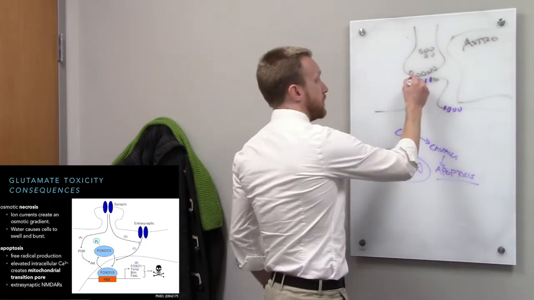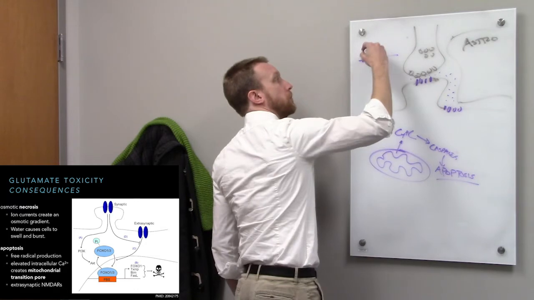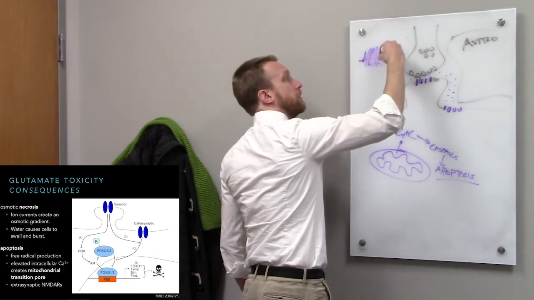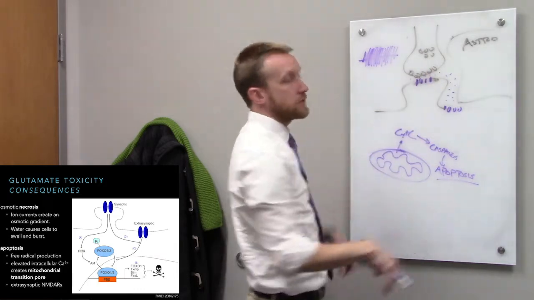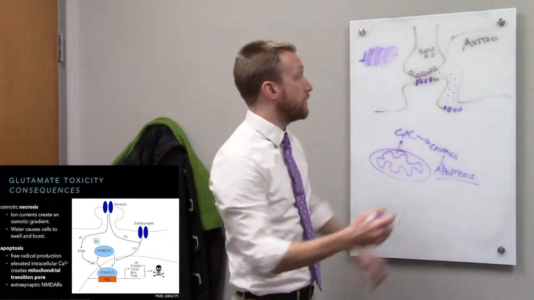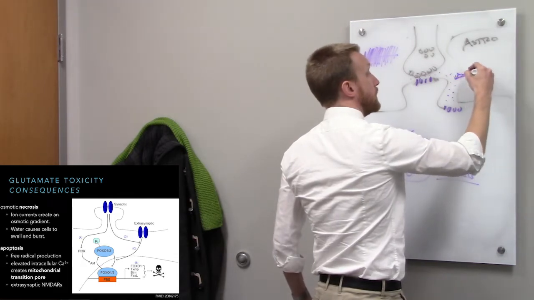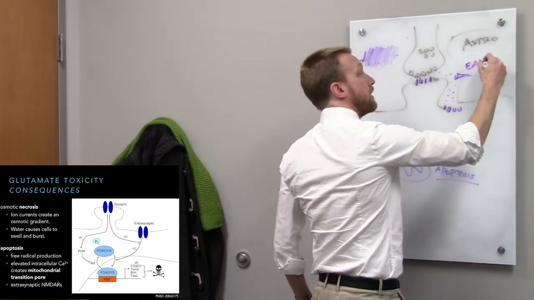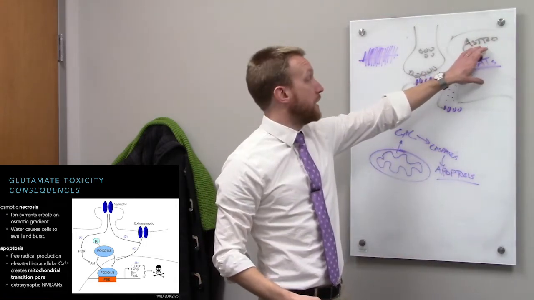If we have the leakage of glutamate away from the synapse, which we will if we have a burst of activity, so if this neuron is hyperexcited and releasing an excess of glutamate, or if we have an impairment in our ability to pick up glutamate with our excitatory amino acid transporters, so that reactive gliosis that impairs glutamate uptake.